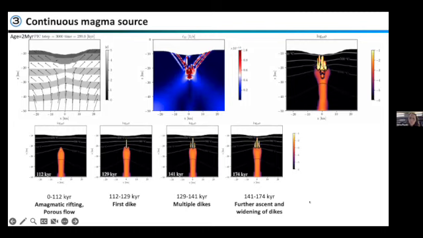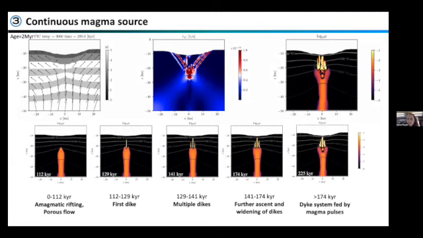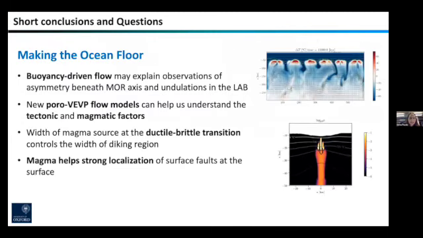And with further magma supply from depth, we have also more ascent and widening of the dike. So magma also travels laterally. And very interesting is that there seems to be a dike system fed by magma pulses towards the end stages of the simulation. So with that, I bring some short conclusions and I'm open for questions.